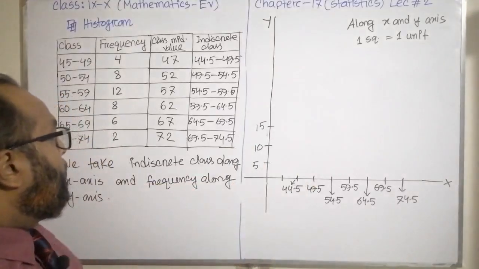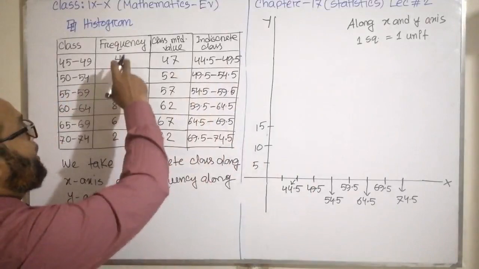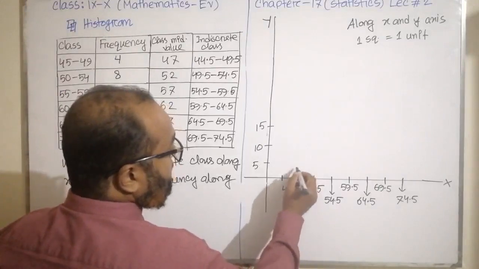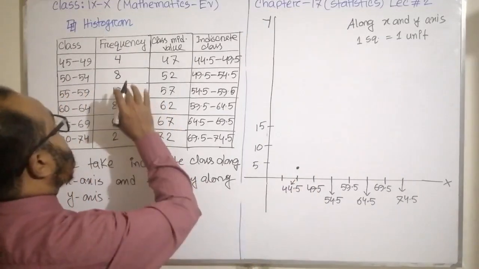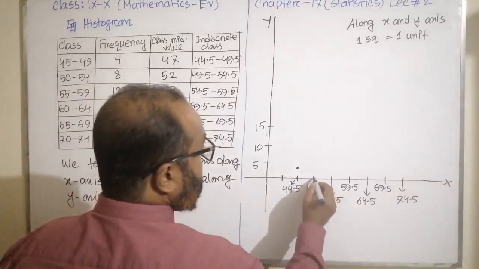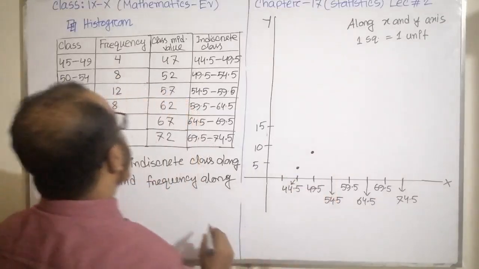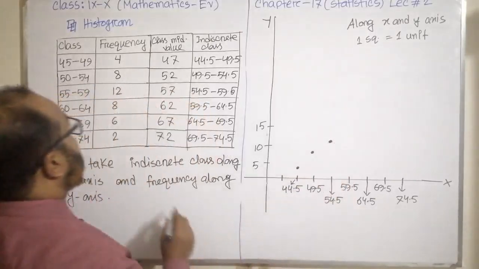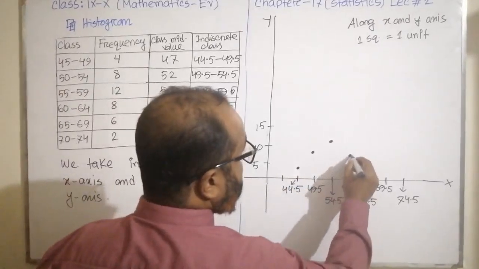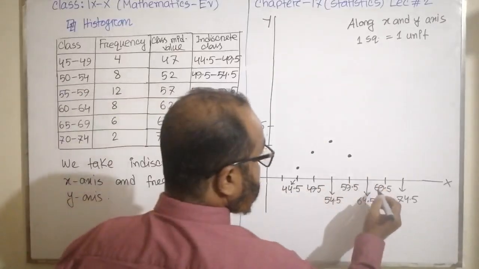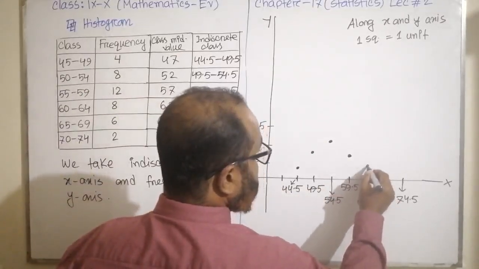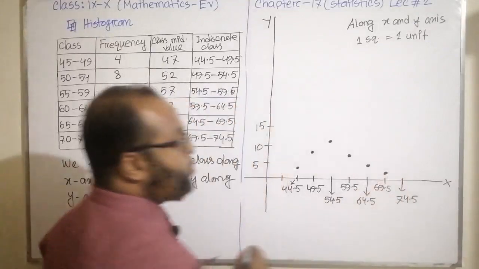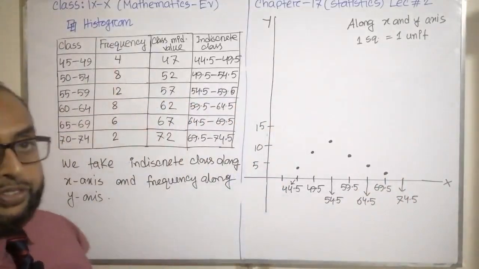Now along the y-axis we have to take the frequency, that is 4 at 44.5, and then at 49.5 this is 8, at 54.5 this is 12, and then again 8, then 6, and then 2. This is the point for frequency.